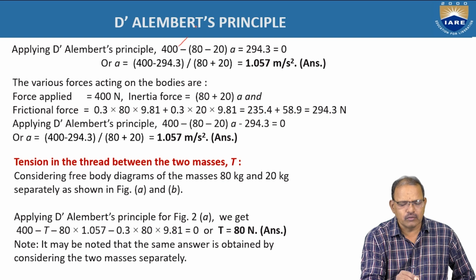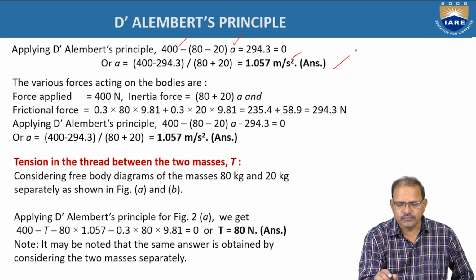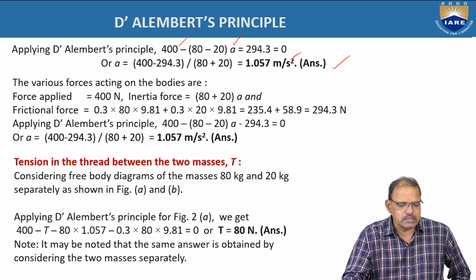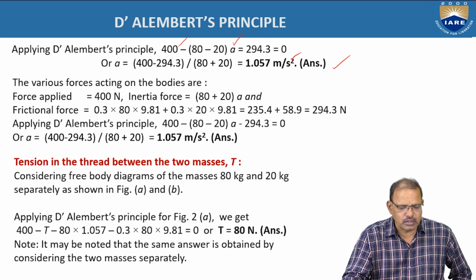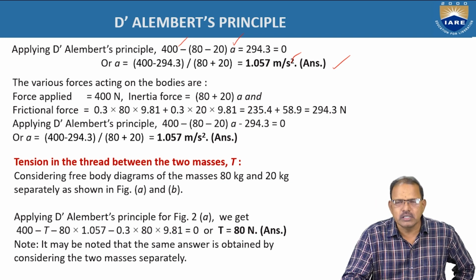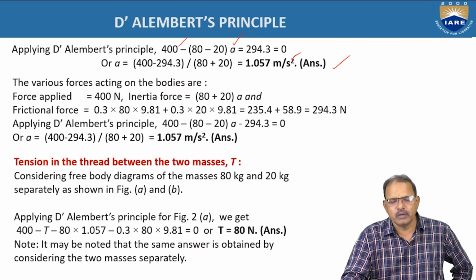Which is equal to 400 minus 80 minus 20 into A, which is equal to 0. From this relationship, we get A equal to 1.057 meter per second square. This problem can be solved by treating the two bodies as a single body, or by separating the two bodies by drawing a free body diagram.